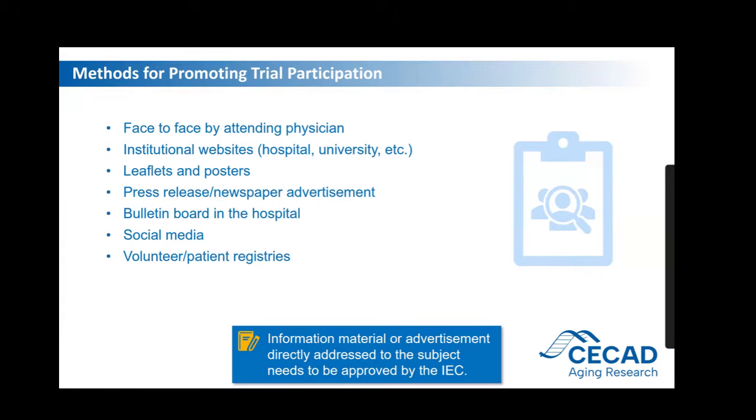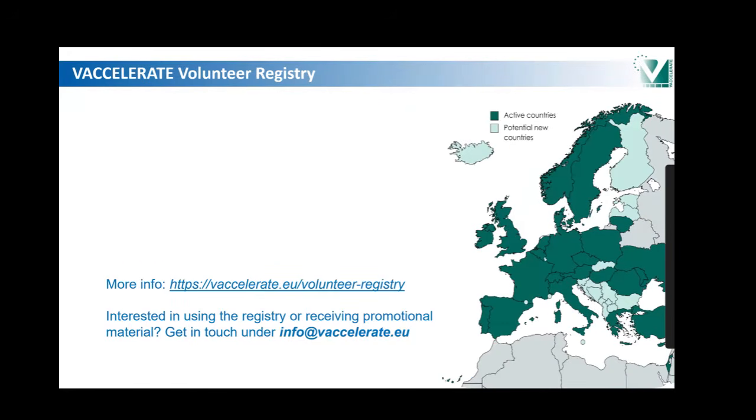And to give you another example for the last point here, which may be a bit more abstract than just having advertisement material, this is the volunteer or patient registries. Therefore, I would like to present to you a registry of ours, which is the Accelerate Volunteer Registry that was established in 2021.